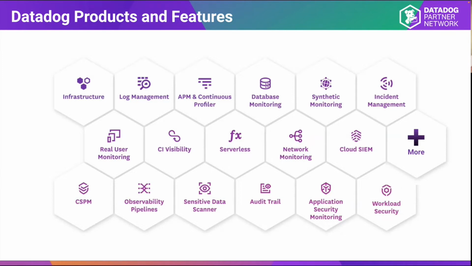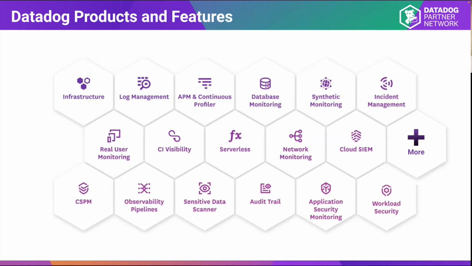These include our serverless monitoring, real user monitoring, database management, continuous profiler products, and many more. Most recently, we launched our cloud security platform. So Datadog is constantly looking for more ways to explore and expand our product offering to benefit our customers.